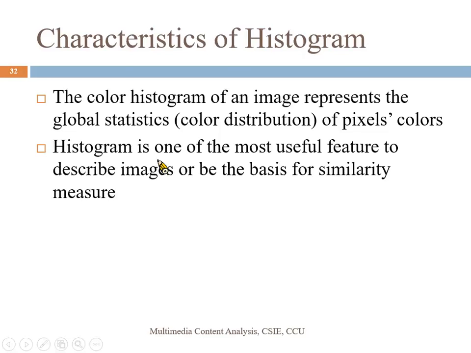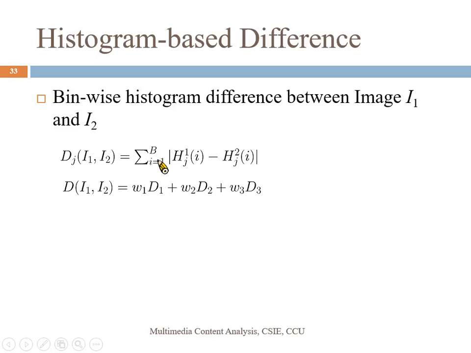The color histogram of an image represents the global statistics of the color distribution of pixel colors, and it has been demonstrated to be very effective in many multimedia analysis applications. Here we say that the histogram is one of the most useful features to describe images or be the basis for similarity measure. For example, we can compare 2 images I1 and I2 based on the following simple calculation.